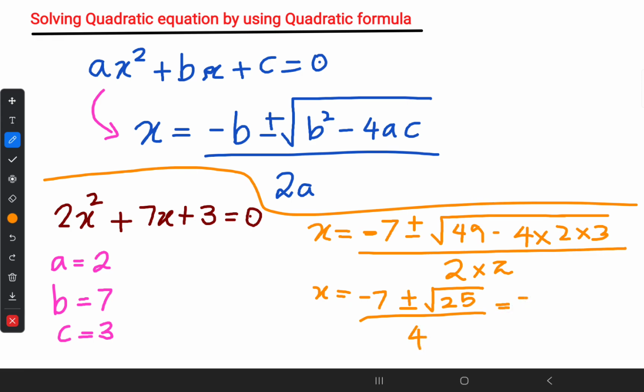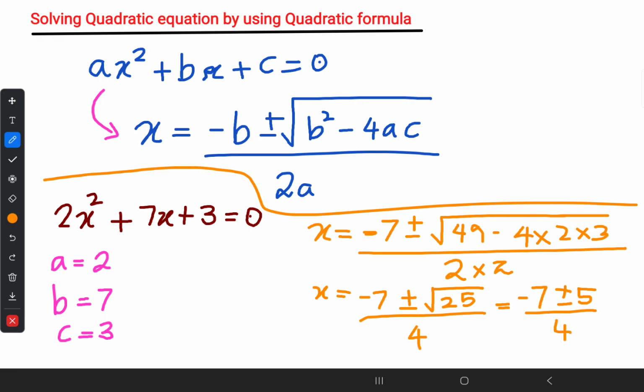I'll keep the negative 7 itself, plus or minus the square root of 25. 25 is a square number, no? So the square root of 25 you can directly write as 5, with plus or minus still present. Since 25 is a square number, its square root will give you 5 upon 4. We have simplified as much as we can.